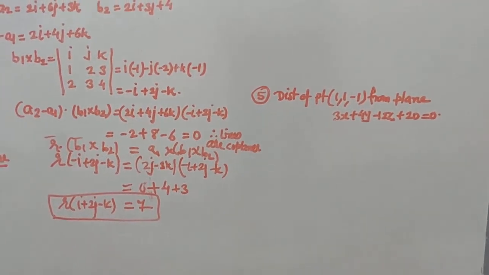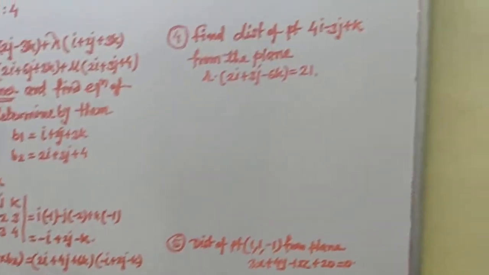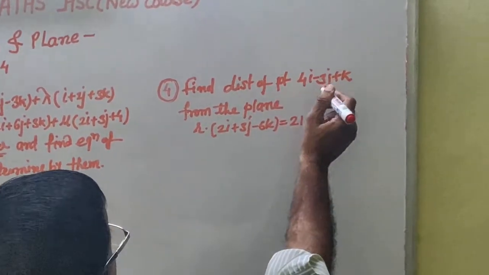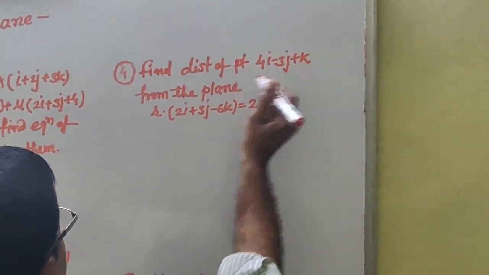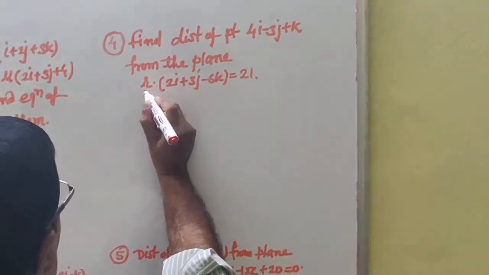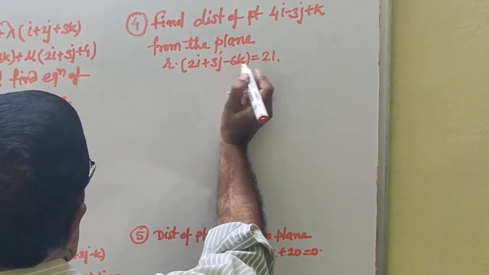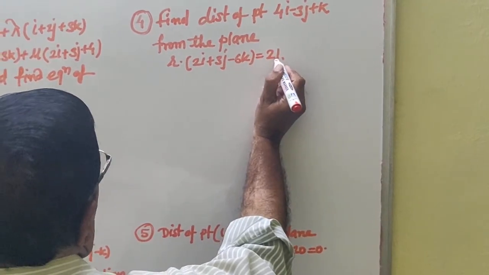Now we are going to solve problem number 4. Find the distance of the point 4i minus 3j plus k from the plane r dot (2i plus 3j minus 6k) is equal to 20.